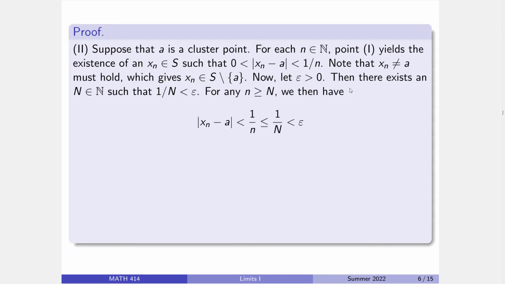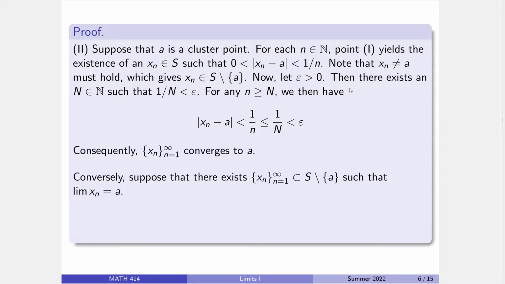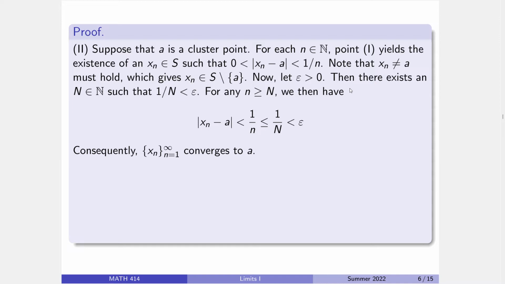So for any n bigger than that, we get this, and thus that sequence converges to a. Forward direction proven. If you are a cluster point, I can create a sequence living in this set that converges to a. Given a delta, we found 1 over n's to make life work. There you go. Not bad.